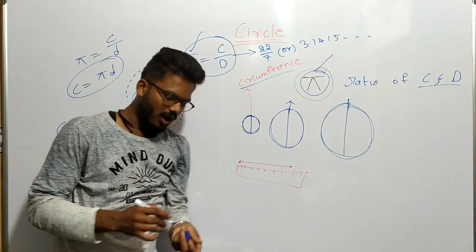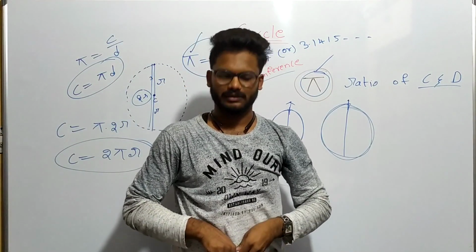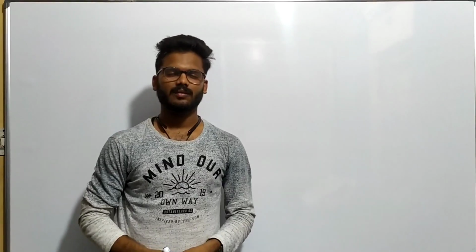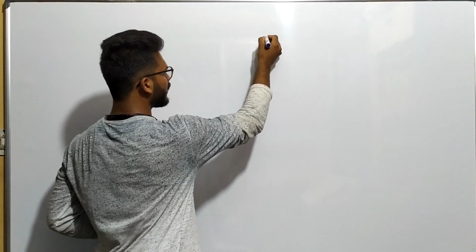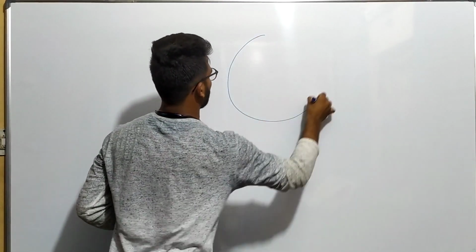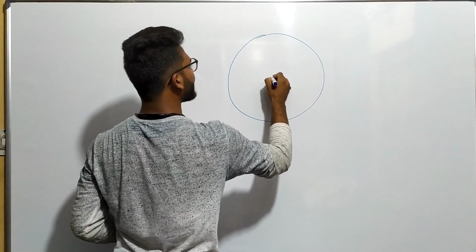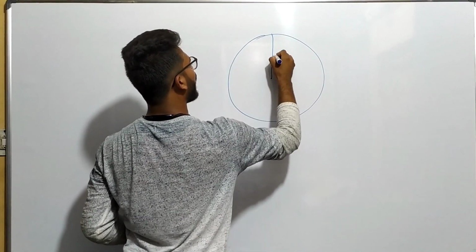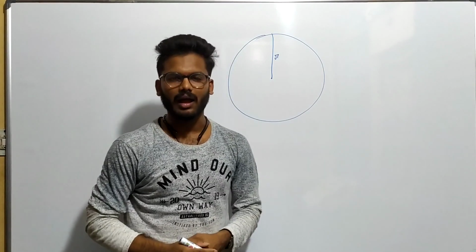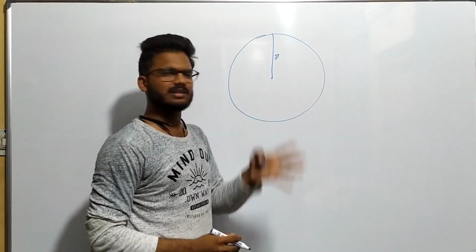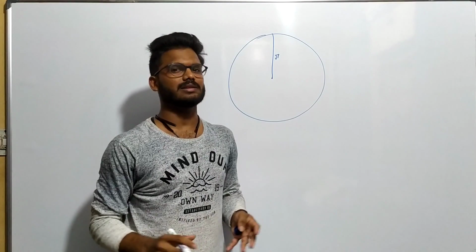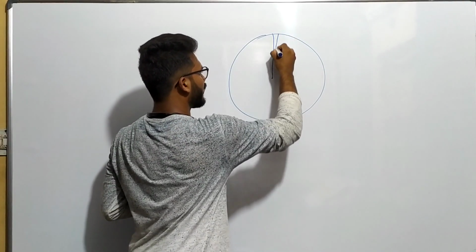And how we got the area of the circle? Let us see. I am taking a circle. Suppose its radius is r units. Okay, and I am dividing the circle into so many small sectors. Nothing but like this.